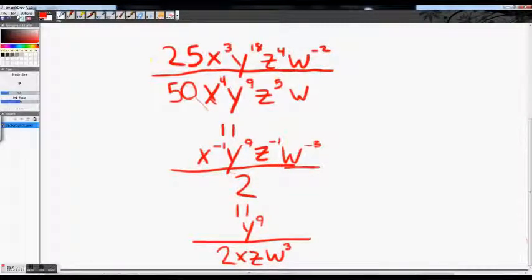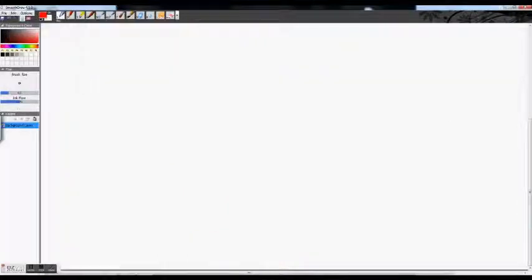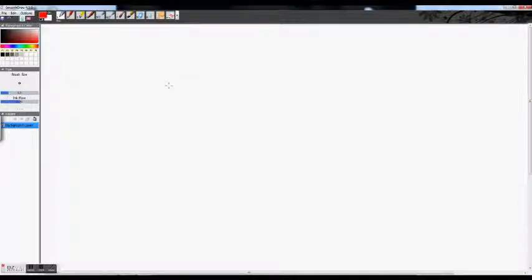Okay, so those are the laws of exponents, and that's how we simplify some expressions containing fractions and exponents.